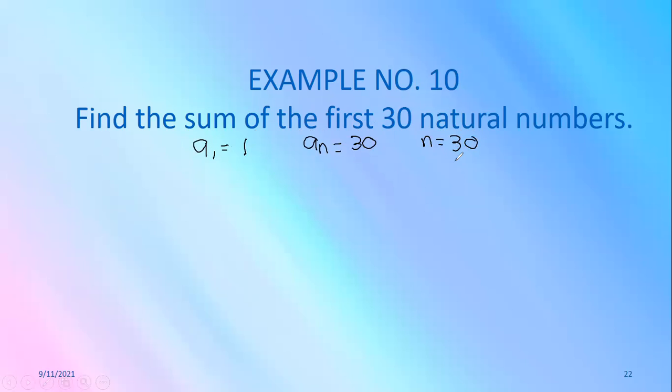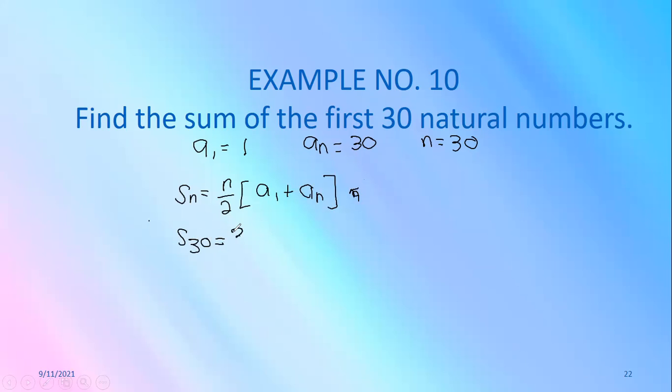Okay, so everything in the formula is given. So ang gagamitin nating formula ngayon is sum of n terms, n over 2 multiplied by a sub 1 plus a sub n. Ganyan lang. Okay, so sum of 30 terms.